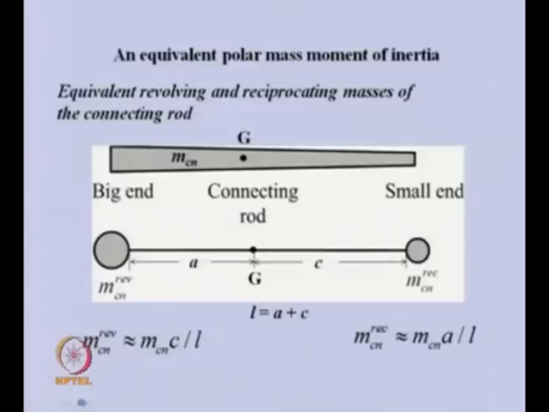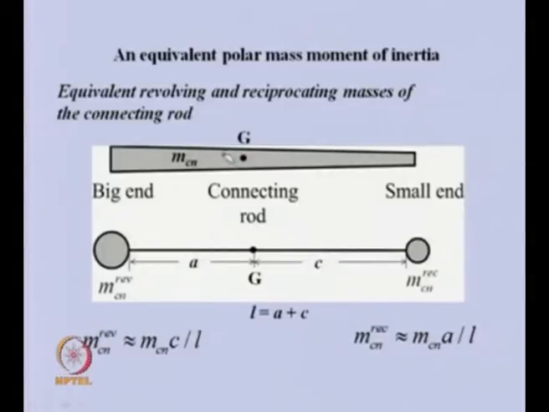So, we will start with the crank connecting rod. You can see this is a connecting rod in which one end is the big end and the other is the small end. As such, this connecting rod is a rigid body and its mass is continuously varying from one end to the other end.